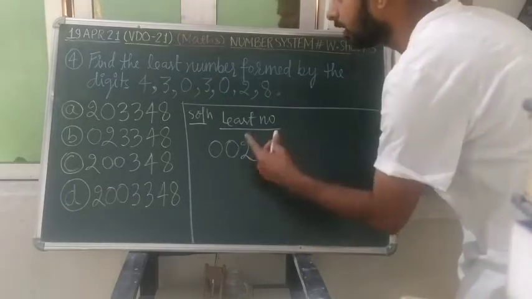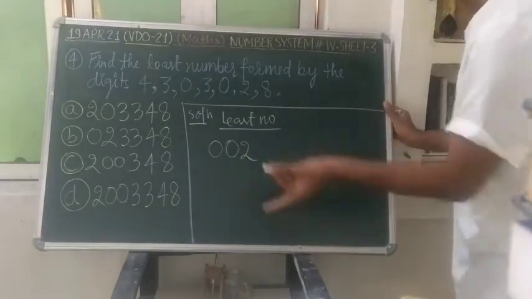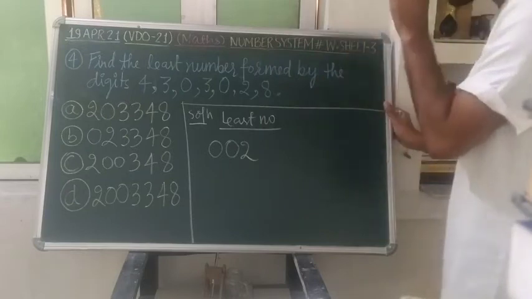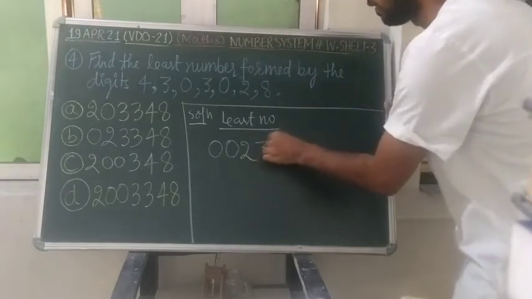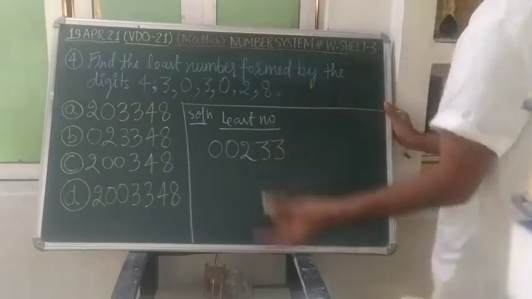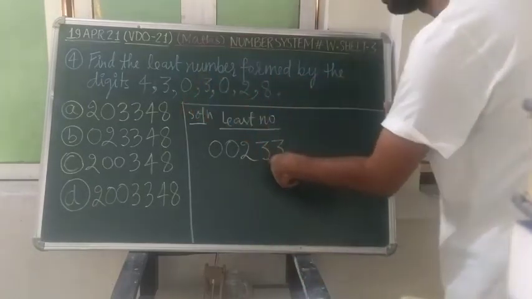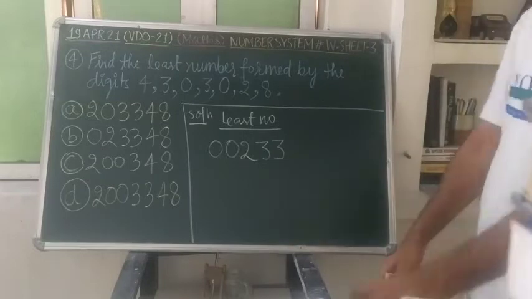So however many times the problem has written the digit, that many times we will write that digit. Here in the problem they have written 3 two times, so we will write 3 two times.